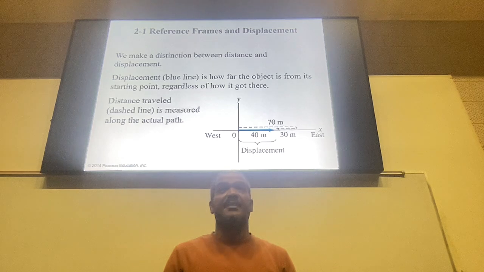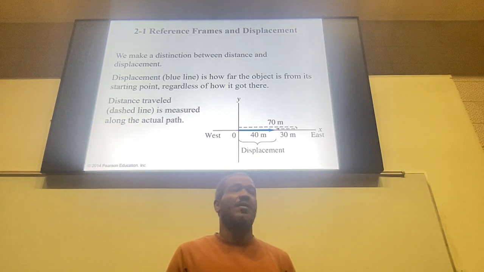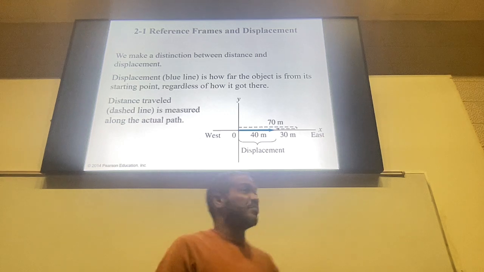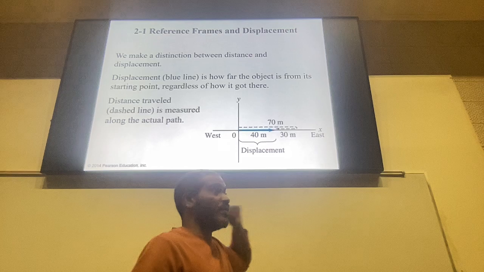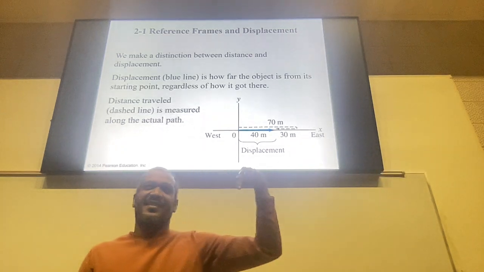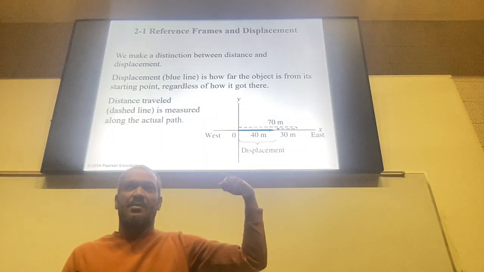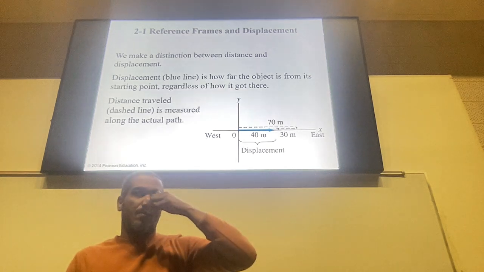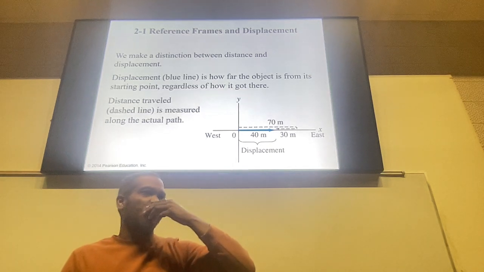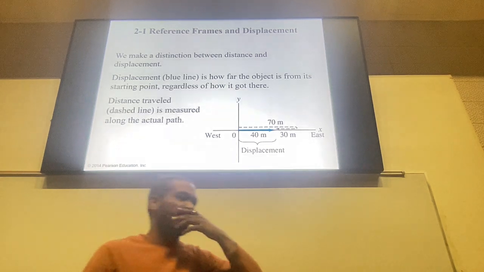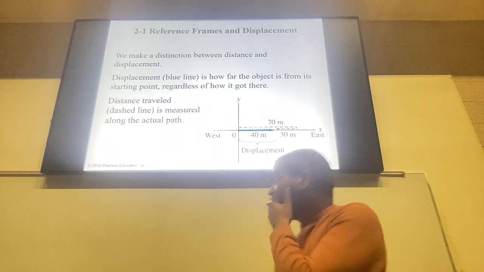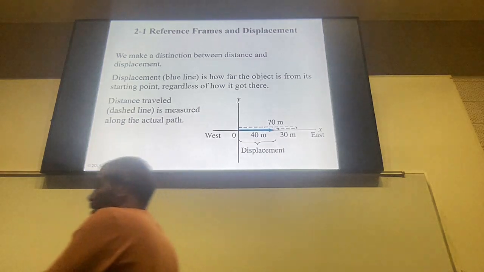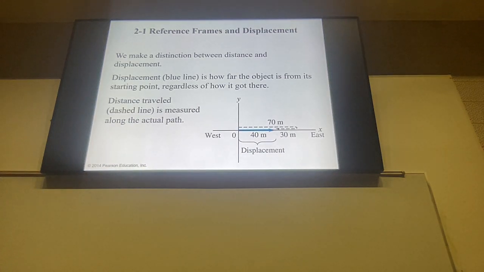Not the displacement. The displacement is 40. We started out at 0, we ended up at 40, but we went way out to 70 and came back to 30, and came back 30 in the opposite direction. Okay? That's very important. So there's a difference between distance and displacement.